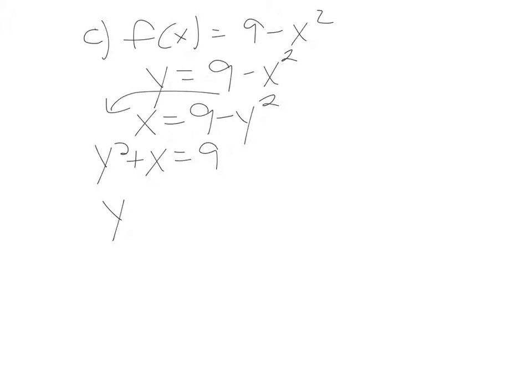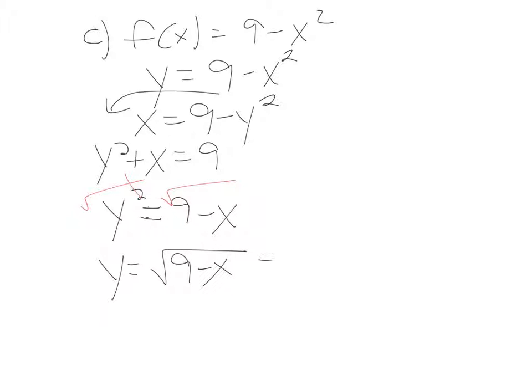Subtract x. And then we would square root both sides to get the y by itself. So y is the square root of 9 minus x, and that is the inverse.